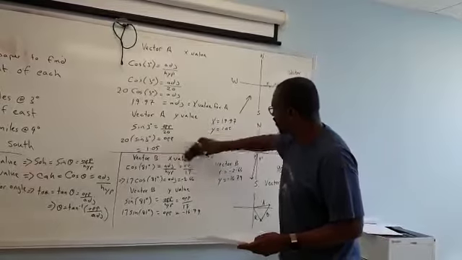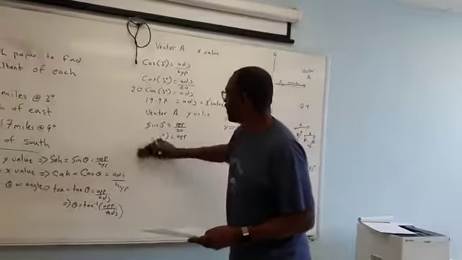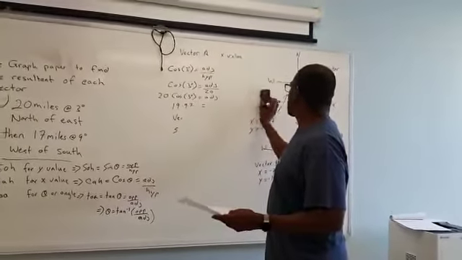Okay, so we found the x and y values for vector A and vector B. Now we're going to add the two.